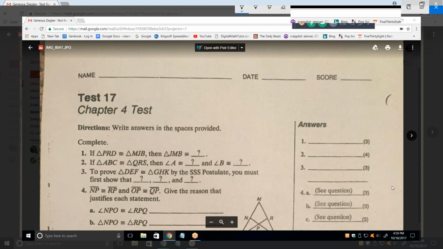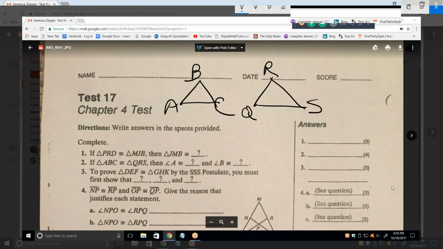All right, number 2. Now this does kind of matter on the order. They're saying ABC is congruent to QRS.